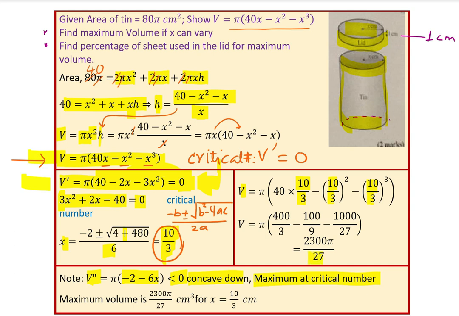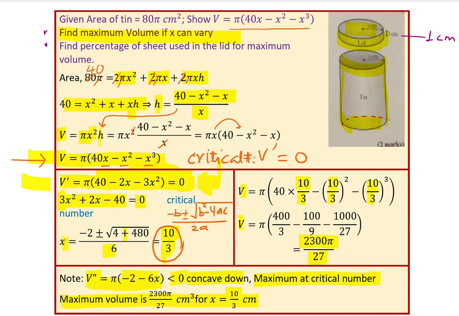Take 27 as the common denominator, so this gets multiplied by 9, that gets multiplied by 3, this is by 1, and when you add this up, you get 2300 pi over 27 as your volume. Perfect. So we have the volume, and we have also shown that it is indeed a maximum since the second derivative is negative, right? So we've done this part of finding the maximum volume.